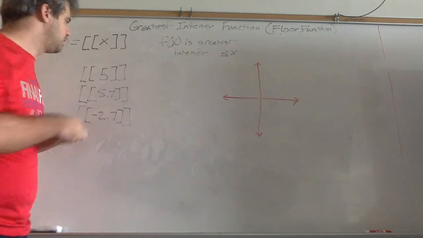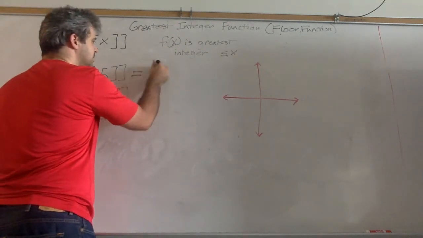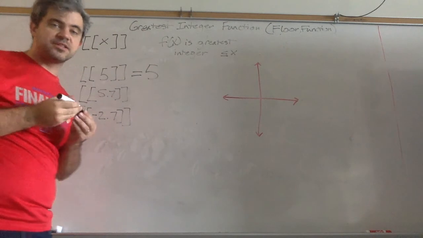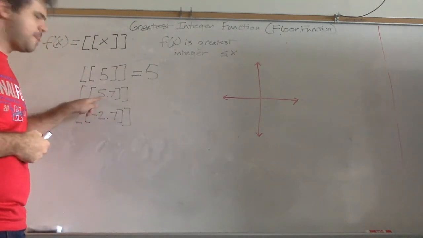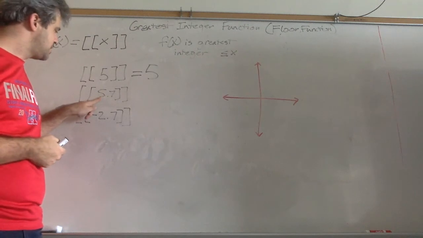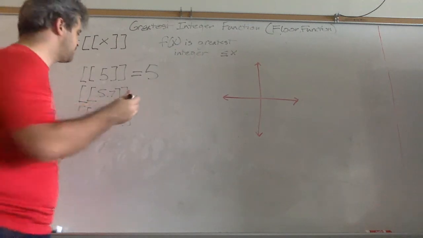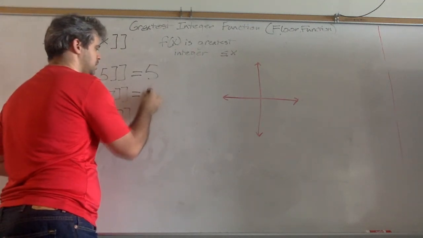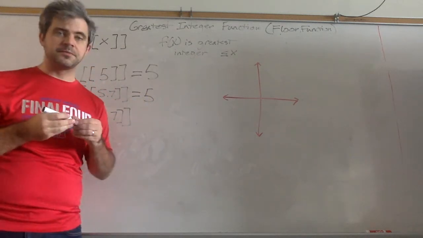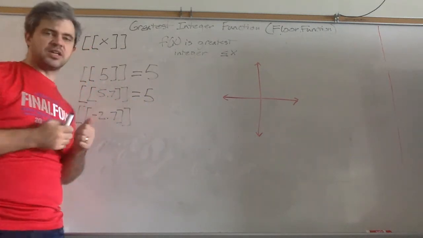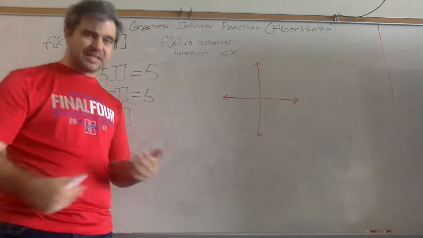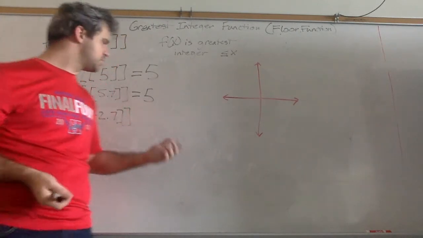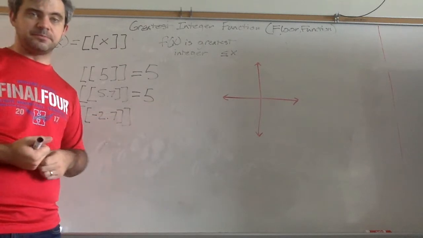Well, the biggest one would be 5, because that is included in less than or equal to. But the greatest integer less than or equal to 5.7 would also be 5. So the greatest integer of 5.1, 5.2, 5.99999, all of those would be 5.